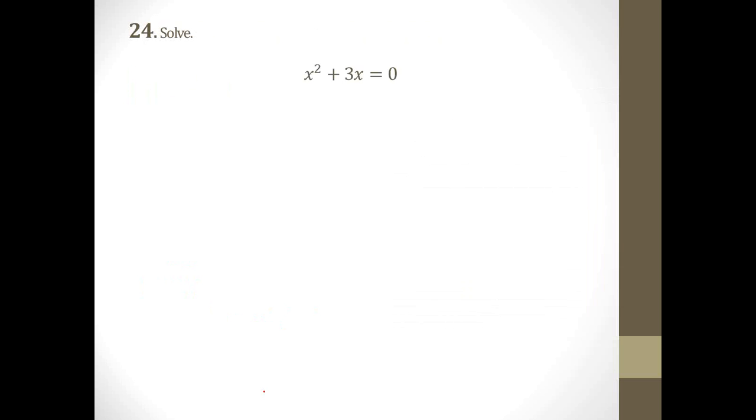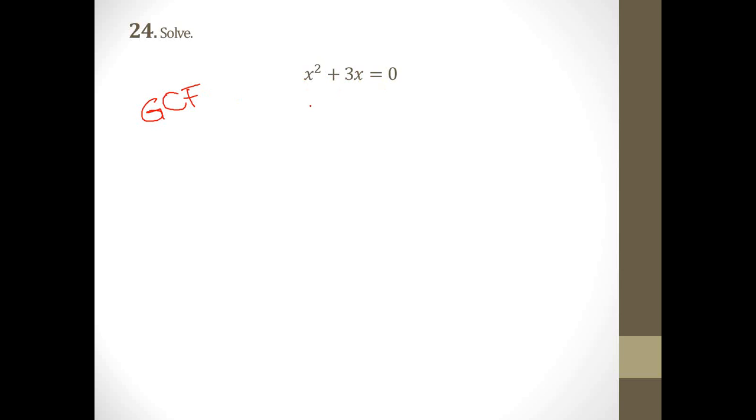This is another factoring problem. So I have two terms. Two terms usually indicate the difference of two squares, because difference means subtraction sign, or it could be cubes, and it doesn't look like cubes either because this is a 2, not a 3. So I'm going to go with looking for greatest common factor.